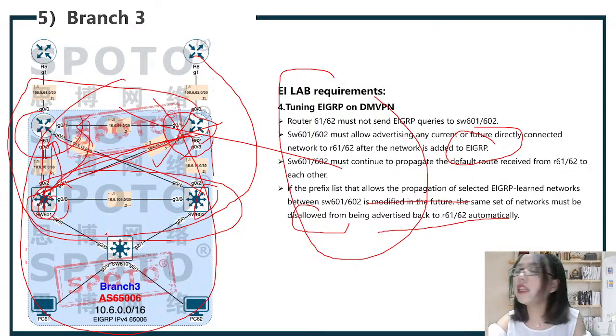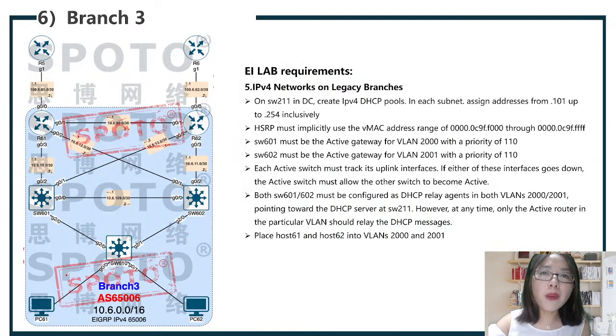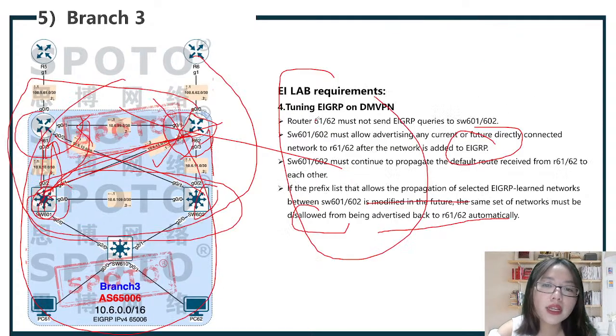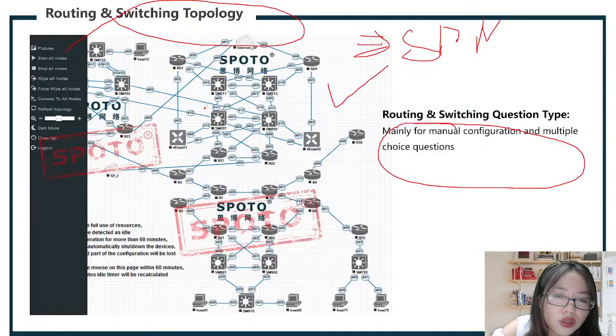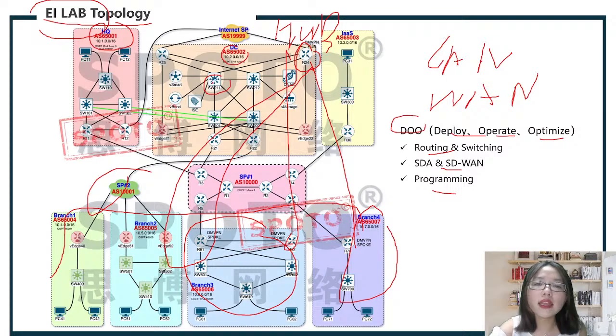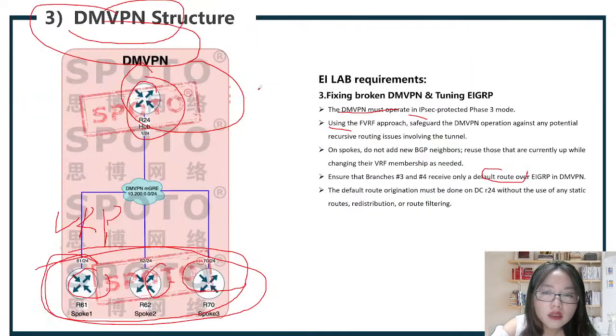Okay, so let's continue. This part is about the IPv4 network on the branches. On switch 211, the switch is in the DC. We can see it. Switch 211 is in the DC. Okay.